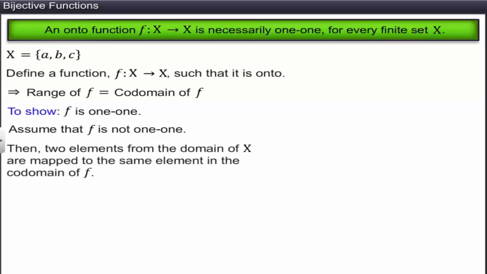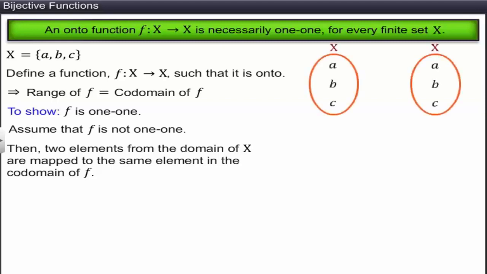That means two elements from the domain of f are mapped to the same element in the codomain of f. Suppose b and c are mapped to a under f. Now, we are left with one more element, a, in the domain of f that can be mapped to any one of the remaining two elements in the codomain of f.